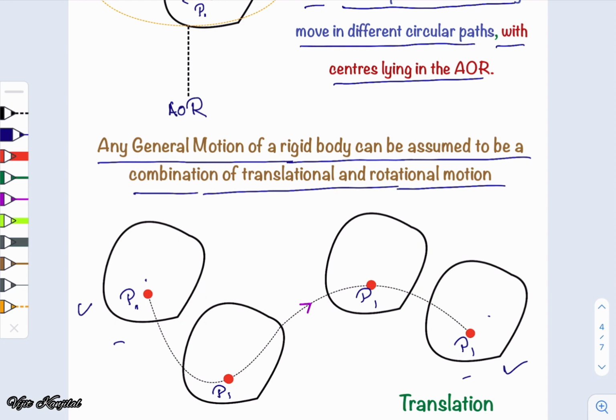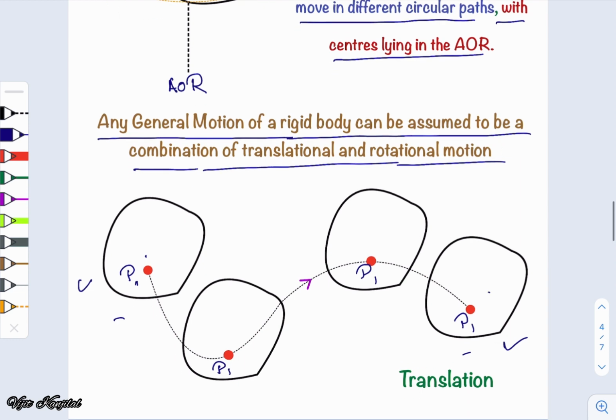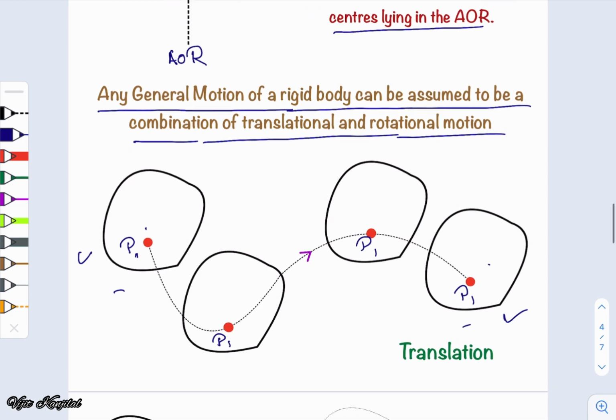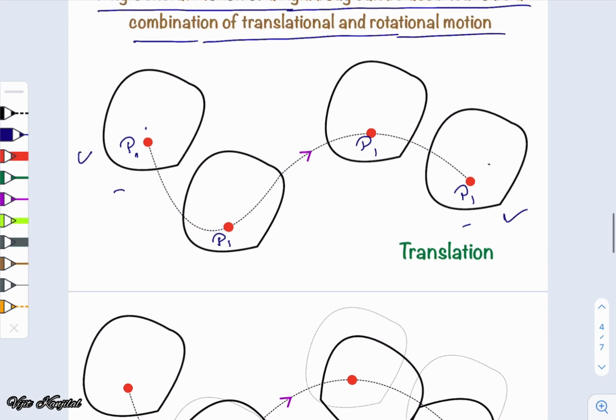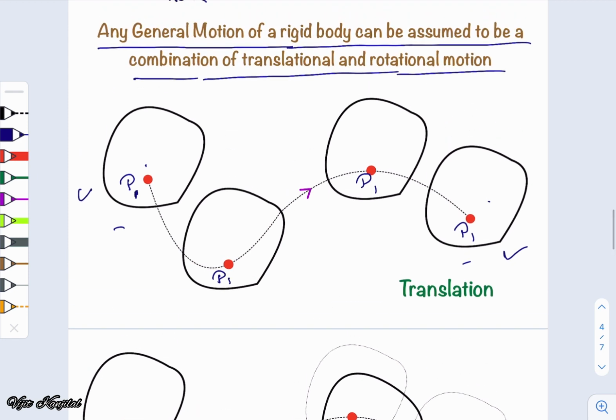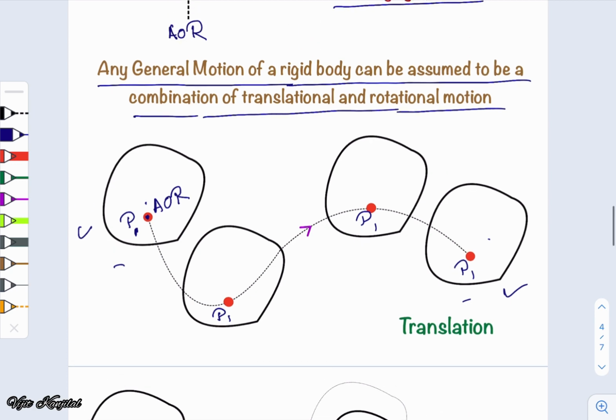Now what we assume is, while this body is translating along this curve, that there is an axis of rotation attached to this point P1, and this axis of rotation is perpendicular to the plane of this screen.